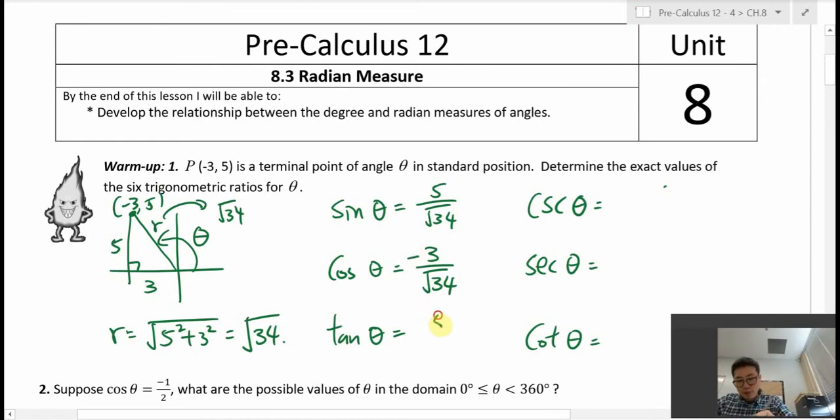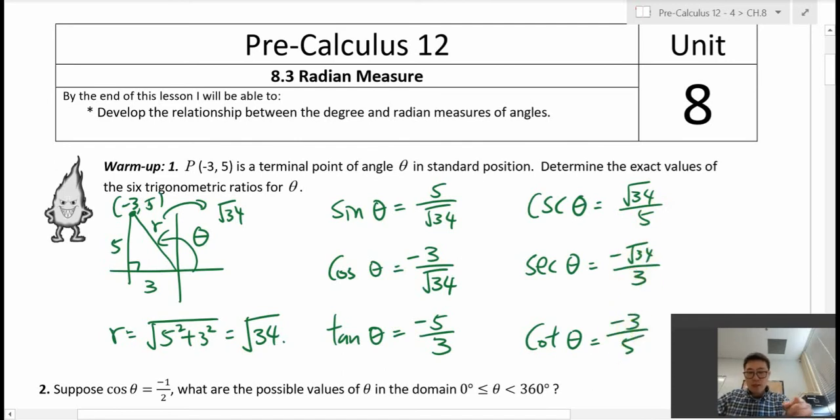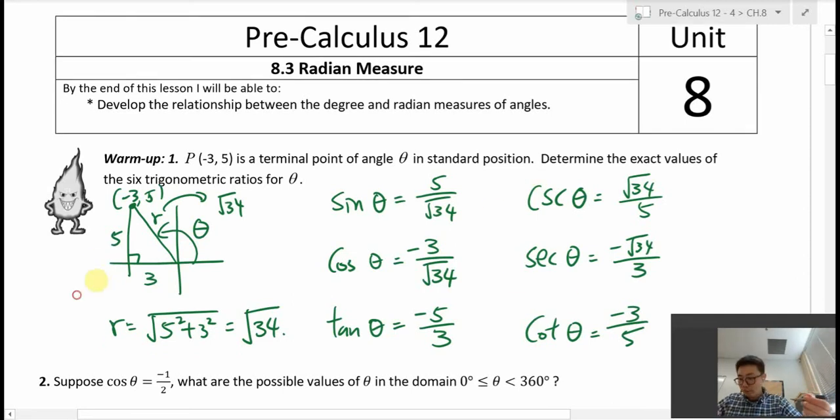Tangent is opposite over adjacent, so 5 over 3, but tangent is also negative in the second quadrant. Only sine is positive, okay? Cosecant, secant and cotangent are reciprocals. You simply flip the fraction, so that's root 34 over 5, negative root 34 over 3 for secant, and finally for cotangent, negative 3 over 5. Okay, so that's what we did last time. Basically, an introduction to the reciprocal trig functions.